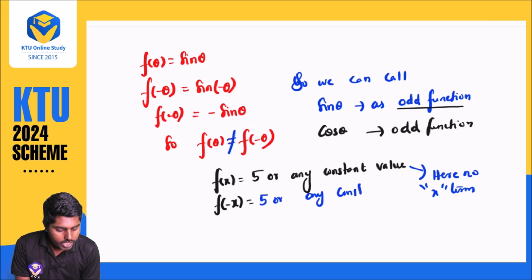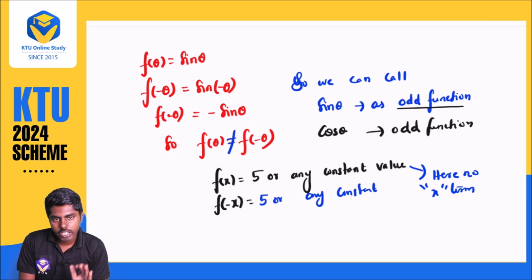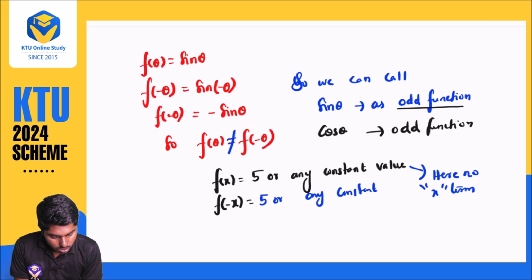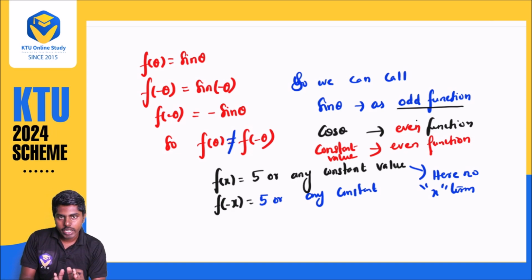From here we can conclude that whenever a constant value is given, you will treat it as an even function. Constant functions are also even functions. So now you have learned that sin theta is an odd function, and cos theta and constant values are considered even functions. These are the core basics.